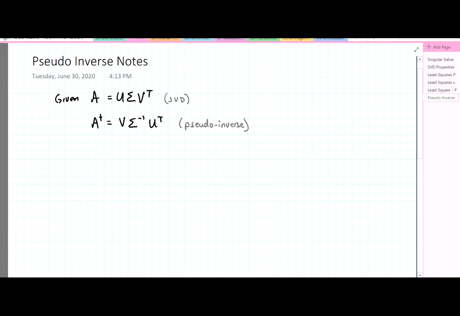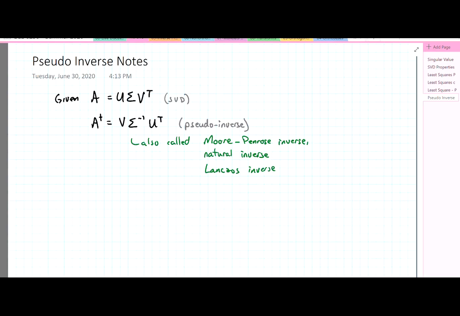This is also called the Moore-Penrose inverse. And it's also called the natural inverse. And it's also called the Lanczos inverse, although the one I hear most frequently is the Moore-Penrose inverse.